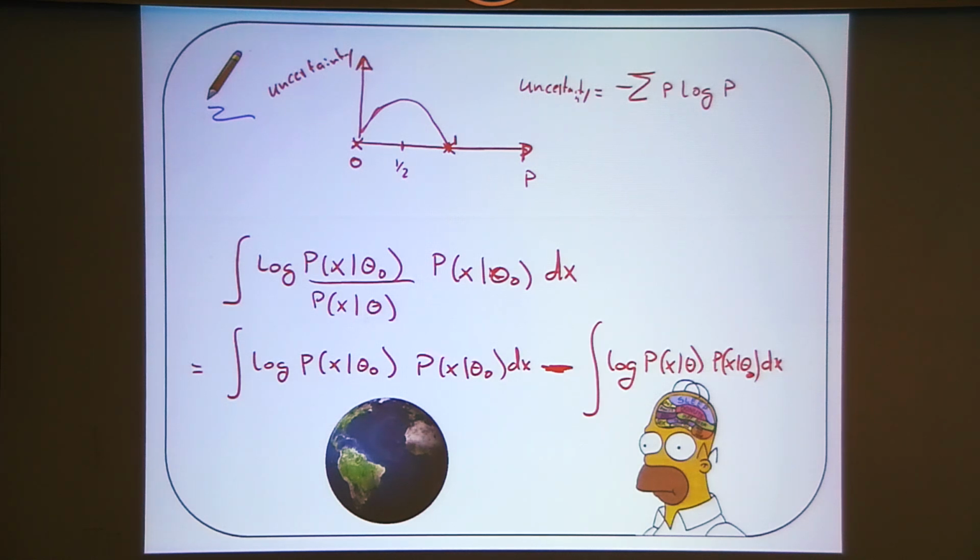And essentially you can see that what we're doing is we're comparing the entropy of the data generated by the ground truth against, not quite the entropy, but something similar, but where the data in one of the terms has been generated by your model. So we're comparing statistics of the world against statistics of what you simulate in your head.